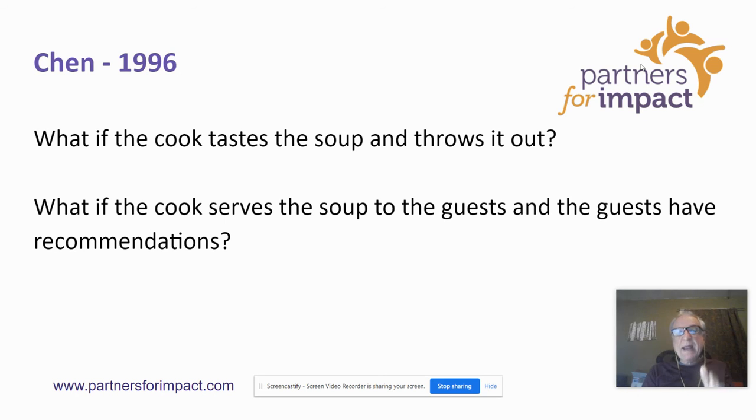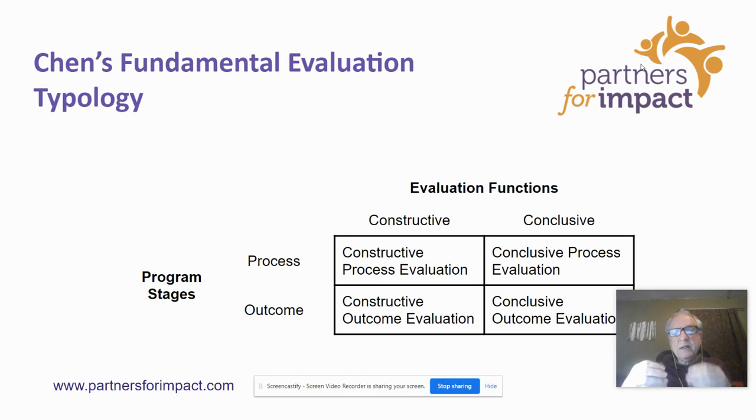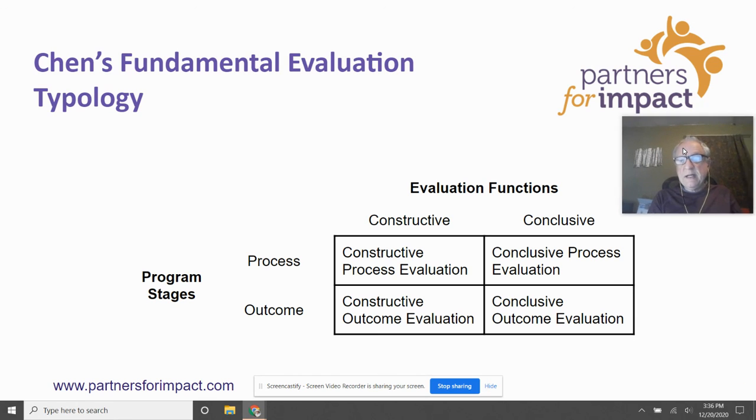So Chen created a typology that builds on this notion of both program stages, the process piece and the outcomes piece, and then the functions of the evaluation. Is it about constructing, continuing, or is it about making an end decision? He put this in a 2x2 table where you can see the constructive process evaluation.